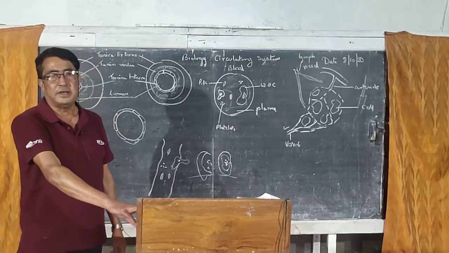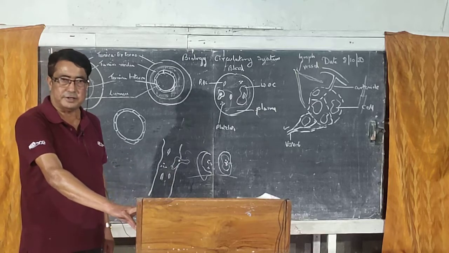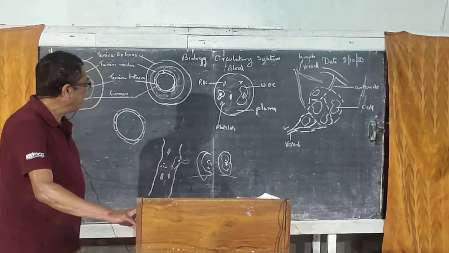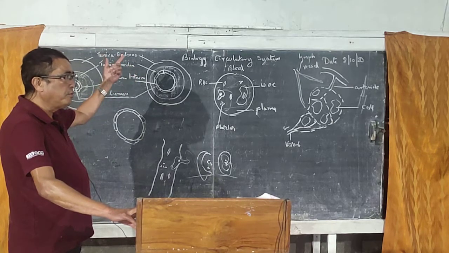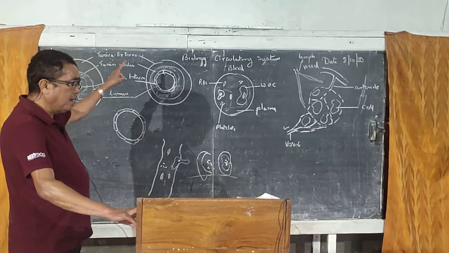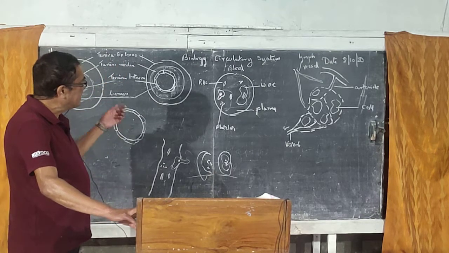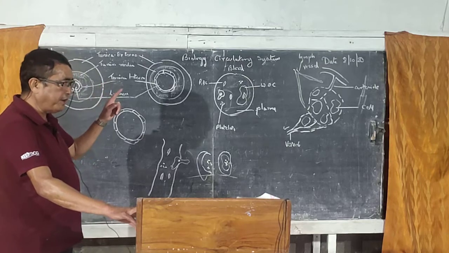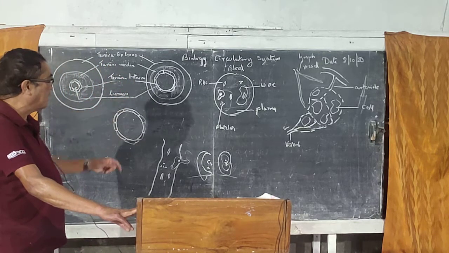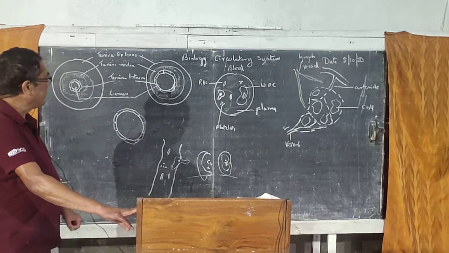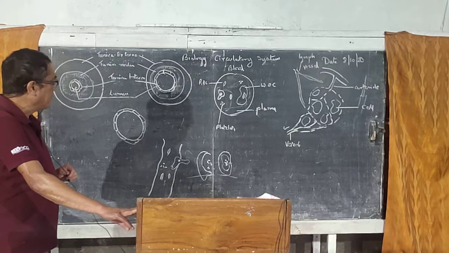Deoxygenated blood means blood which is rich in carbon dioxide and less oxygen. Pulmonary vein starts from the lungs, and as we have done before, in the lungs, oxygenation of blood takes place. And since this pulmonary vein brings blood from the lungs to the left auricle, it carries oxygenated blood.